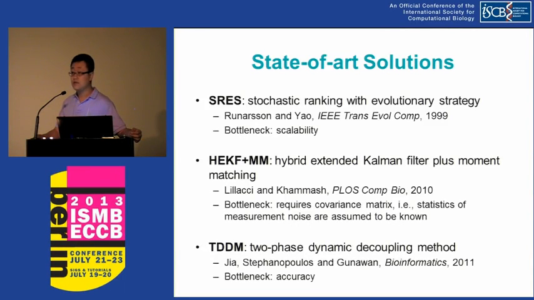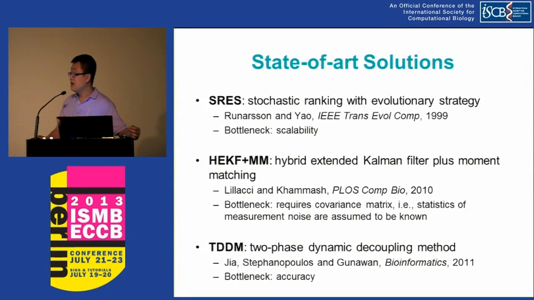So instead of treating those correlated ODEs all together, they treat each of them individually. So they run their optimization on each of those ODEs. And as you can see, the good thing is that they decompose the ODE system into individual ones. So their algorithm is quite fast. But on the other hand, you introduce a lot of additional noise, and the accuracy is the bottleneck for this method.